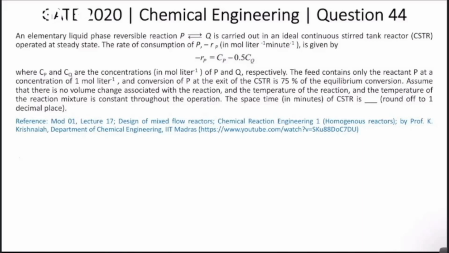So in this question, they have given the rate as Cp minus 0.5 Cq. They have also given us the initial concentration of Cp, which is Cp0, as 1 mole per liter.